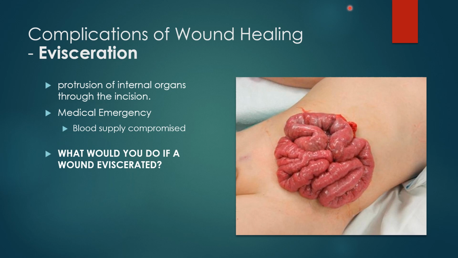We need to assist the patient into a semi-Fowler's position with their knees slightly flexed, as this eases pressure on the wound and eases a lot of stress on the abdomen. So semi-Fowler's position, knees slightly flexed. And then we need to cover the wound with a normal saline soaked pad.